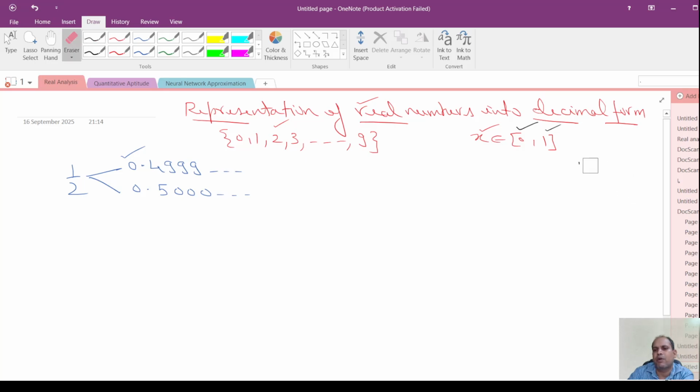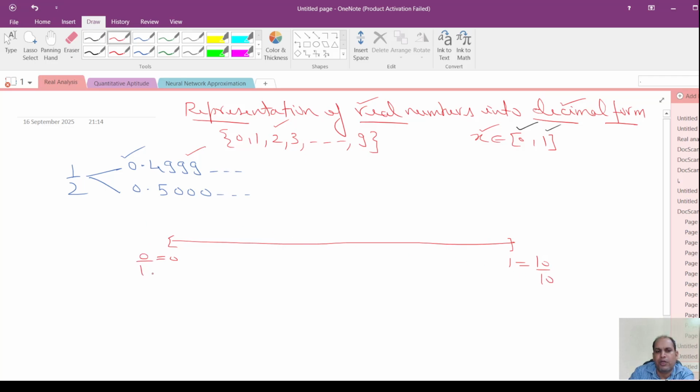If any real number is between 0 and 1, it will have a decimal form. For example, this half we have here as 0.4999. So, let us see where this comes from. We will start from the unit interval, 0 and 1, and since we are interested in decimal form, we will write 1 as 10 by 10, and 0 as 0 by 10.